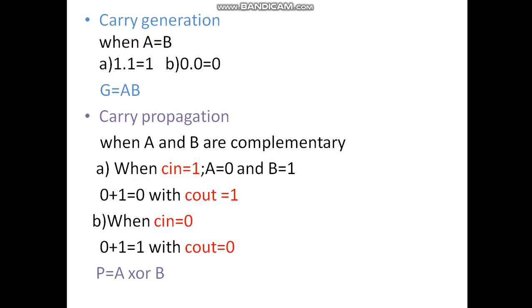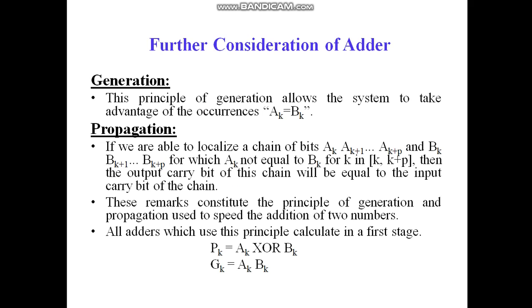So we can write the expression for carry generated as G is equal to A into B, and we can write the expression for carry propagated as P is equal to A XOR B. That is what is explained in the slide.